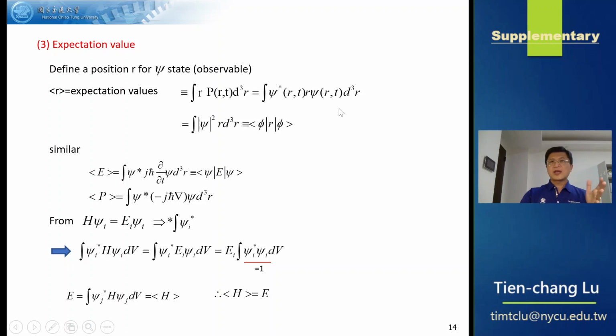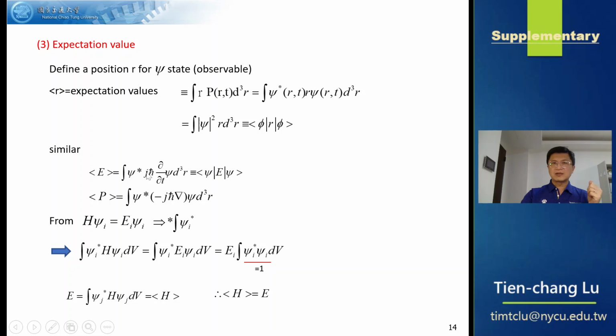You can use the same concept to obtain the average energy or the average momentum of these states. So what is the average energy of this phi state? You use the bracket E equals phi star, because we know that E is an operator.